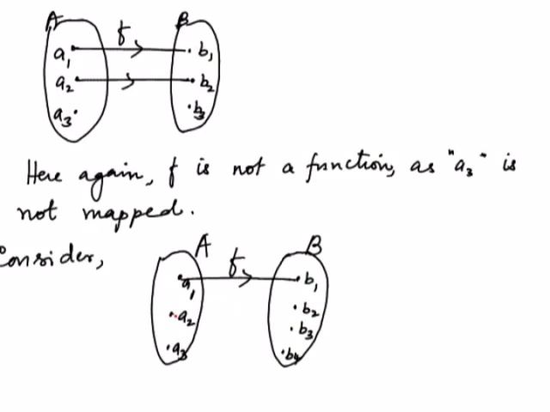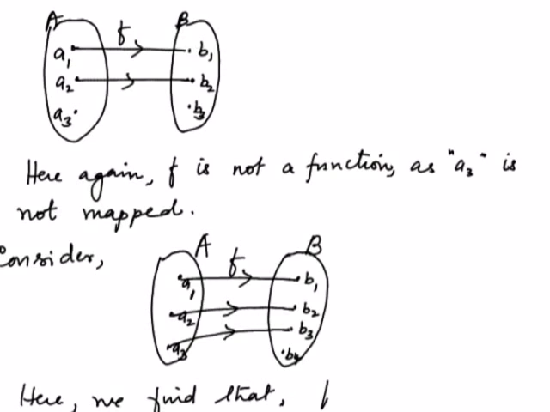Now there is a relationship established between A and B such that a1 is related with b1, a2 is related with b2 and a3 is related with b3. We find that b4 is left out in the set B, it does not have any pre-image.